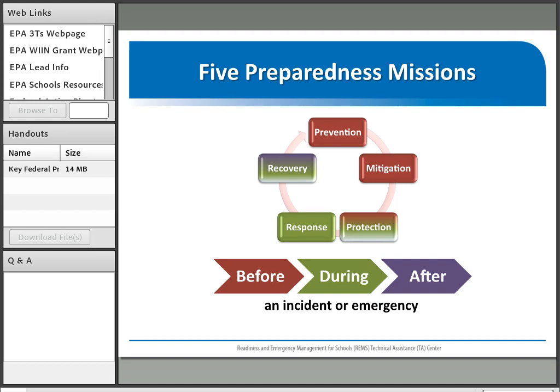Recovery means the capabilities necessary to assist schools affected by an event or emergency in restoring the learning environment. So after things have already happened, what are the things we're doing to restore our ability to continue our learning environment?